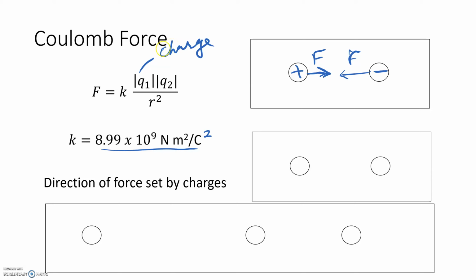We use Q whenever we're looking at charges. I don't know why. It's not my fault. The charge on number 1 and the charge on number 2. So it matters how big those charges are.